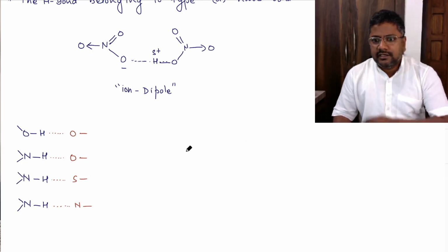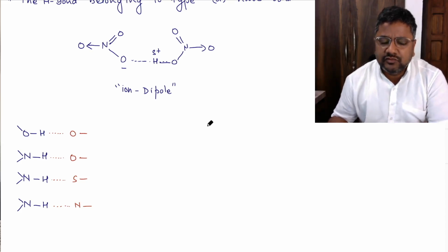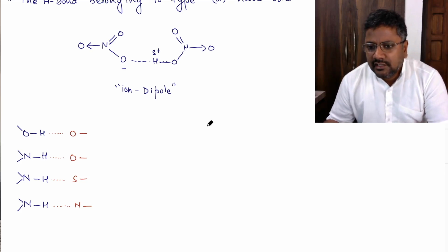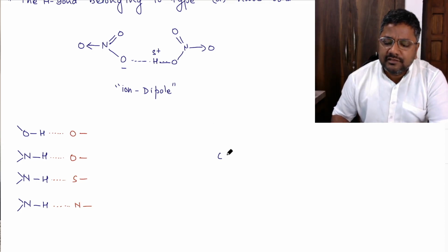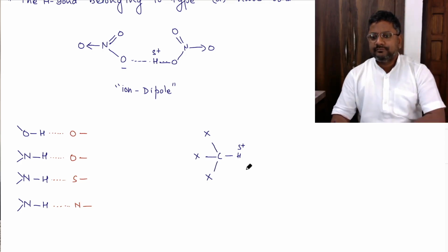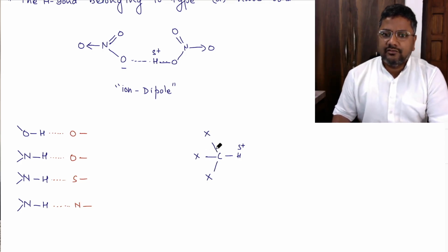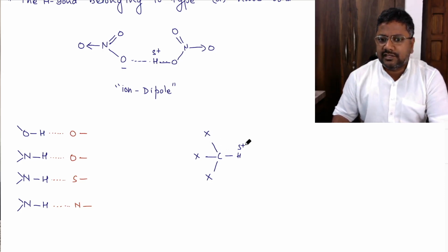Usually we consider the carbon-hydrogen bond to be non-polar. Usually in organic chemistry there is not much difference in electronegativity, but sometimes this carbon-hydrogen bond may also undergo hydrogen bonding, especially when the carbon is attached to strong electron-withdrawing groups. Like chloroform, where three strong minus I effect groups are there, so accordingly polarization will take place here.